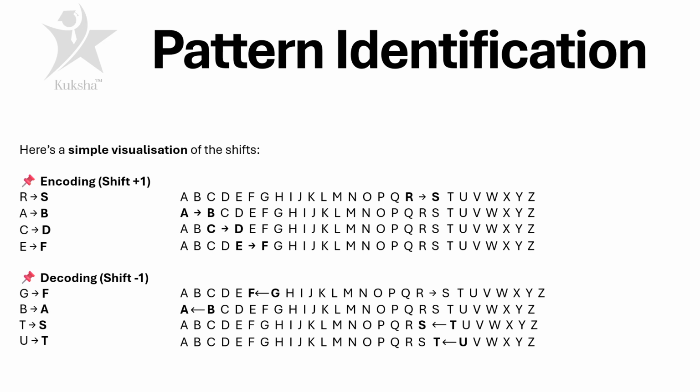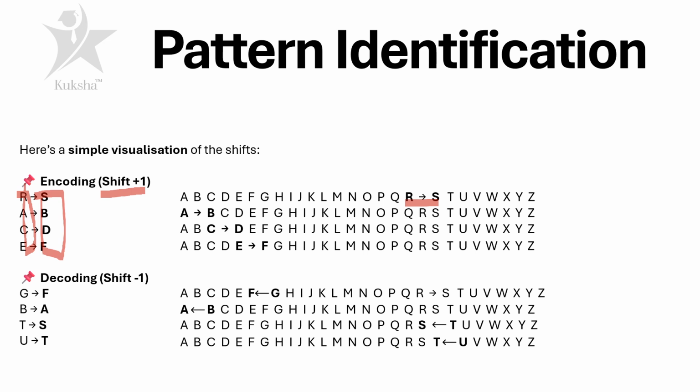Now let's further simplify this. Here's a simple visualization of the shift of the patterns. In encoding, we shifted by 1, and we visualize it from A to Z. If we shift R by 1, it becomes S. A plus 1 forward becomes B. C becomes D. E corresponds to F. So R, A, C, E with the encoding plus 1 is SBDF.